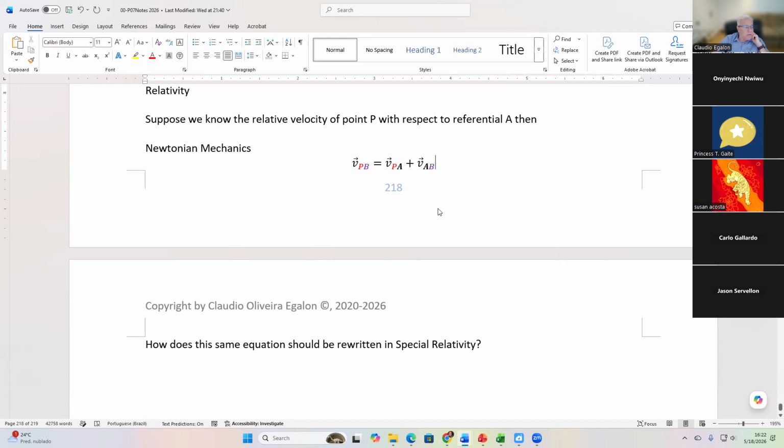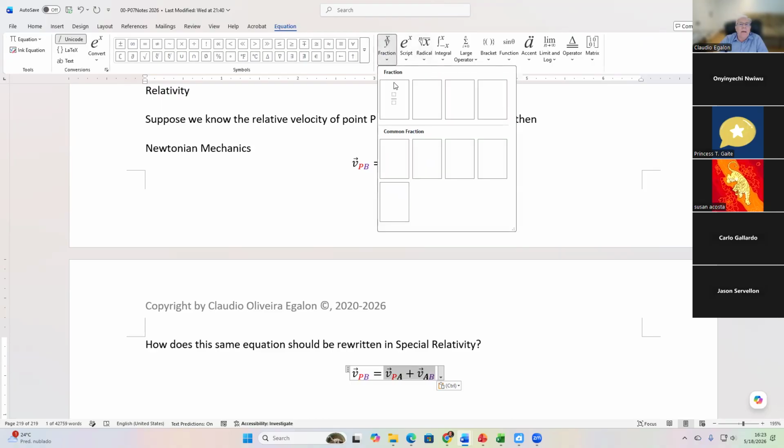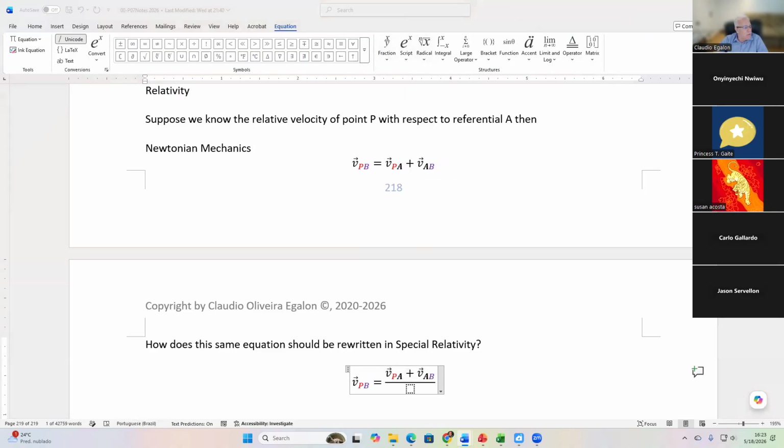In special relativity, we are going to use this term here. This term goes in the numerator, but then there is a denominator term that we have to adjust that looks like the following.